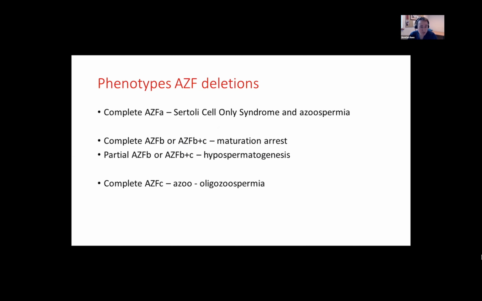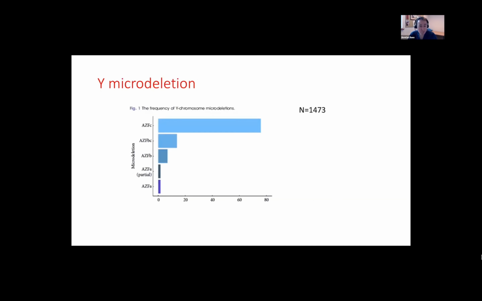AZFA usually translates to Sertoli cell-only syndrome and azoospermia. A complete deletion of AZFB will lead to maturation arrest, again with no prospect of harvesting mature sperm. If there is a partial deletion of AZFB, there may be sperm. And in the AZFC group, there is a good chance of harvesting sperm.